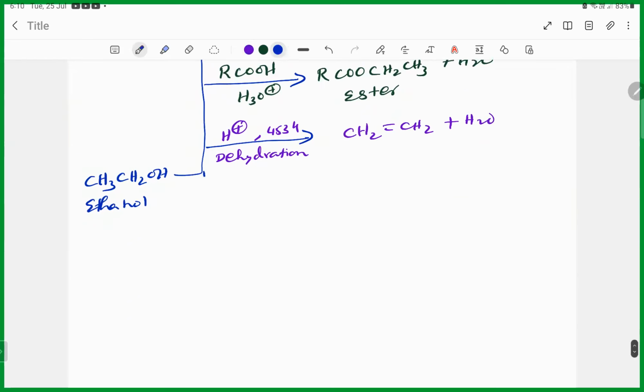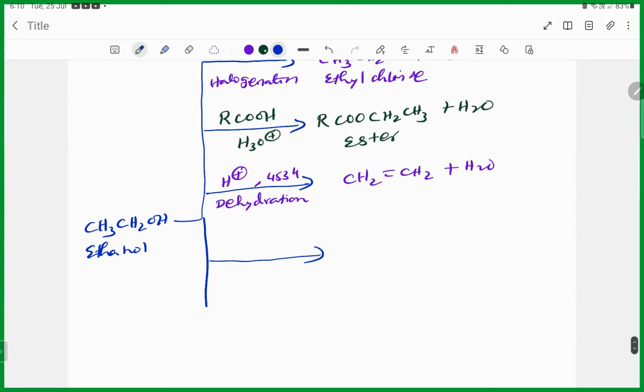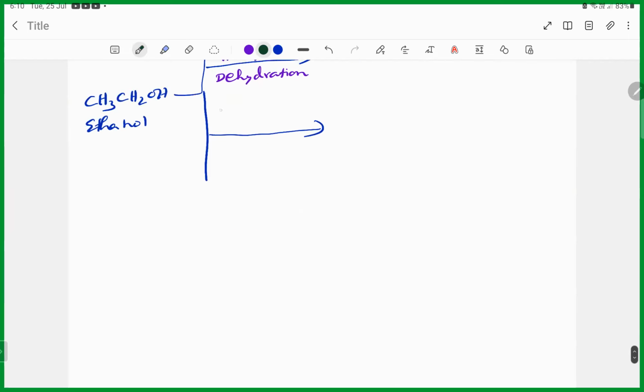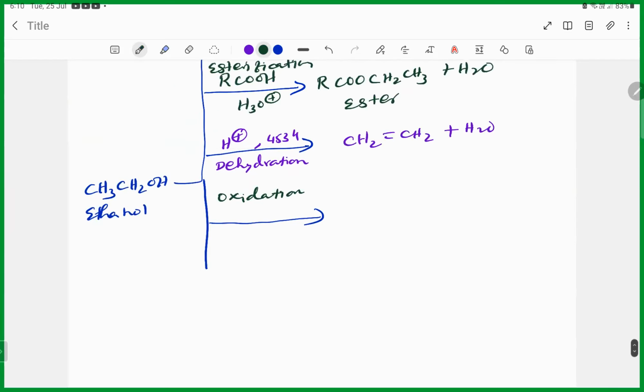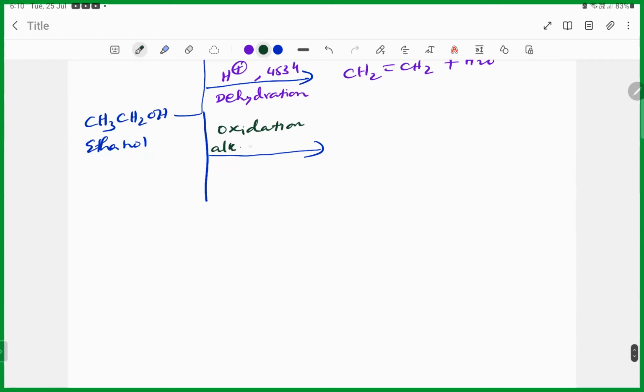And then the next reaction, oxidation. When you use alkaline KMnO4 or potassium dichromate in acid medium, it is converted into acetaldehyde.